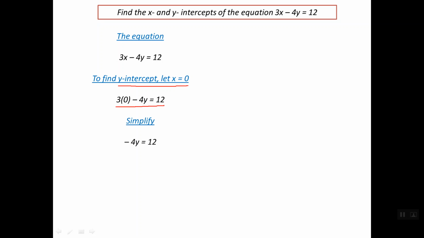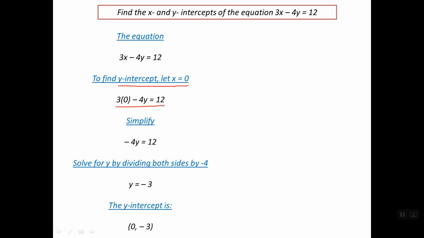We can simplify, so the remaining is minus 4y equal to 12. Now we can divide by minus 4 for both sides, so the solution is y equal to minus 3. So the coordinates of the y-intercept are simply 0 and minus 3.